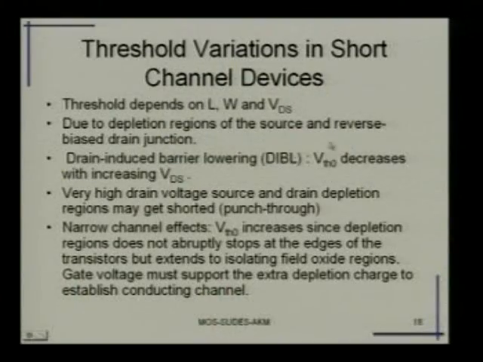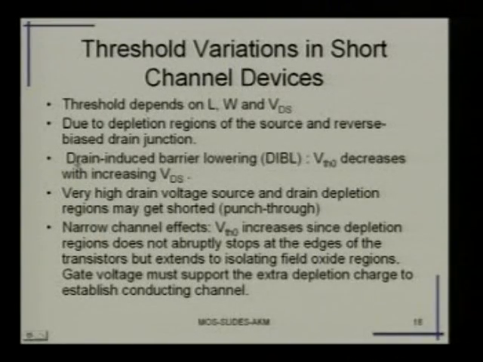The threshold decreases if you go on increasing VDS to very large values, because as you increase VDS, you are simultaneously increasing the depletion regions near the drain and the source. So the effective length of the channel slowly decreases, and this is called drain induced barrier lowering. This is a factor one must know.